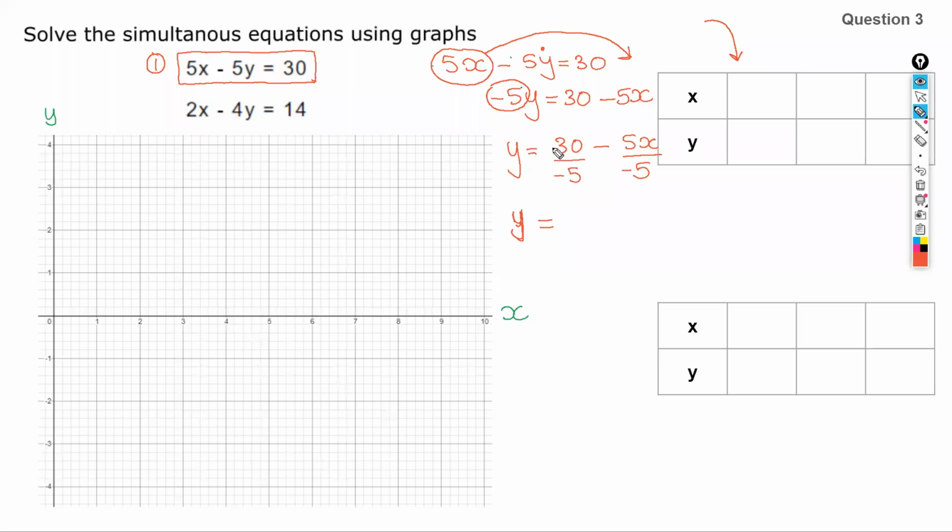When you divide positive 30 by -5, you get -6. Too many people have +6 over here. Also, in the second part, this minus sign belongs to the top here by the -5x. Let's do the numbers first. 5 divided by 5 is 1. You have to put the x here. And when you divide two negatives, you get a positive. The answer is -6 plus 1x.